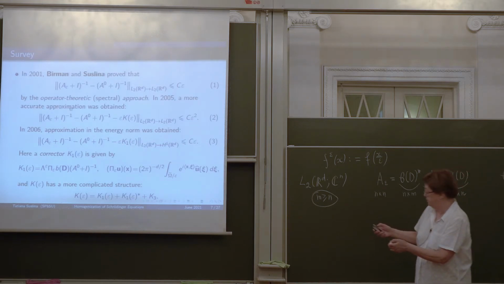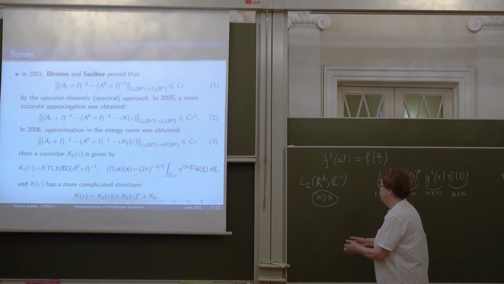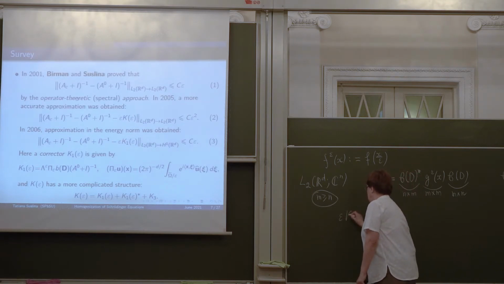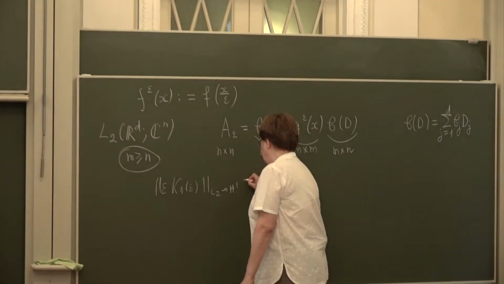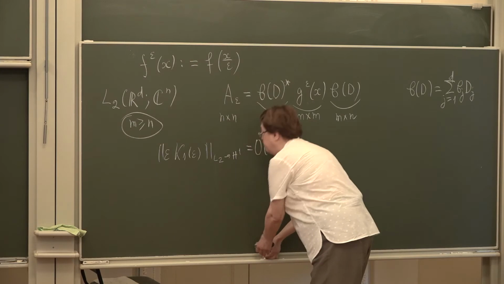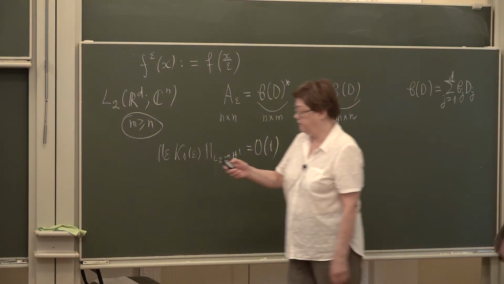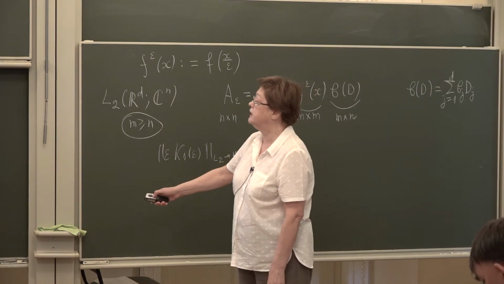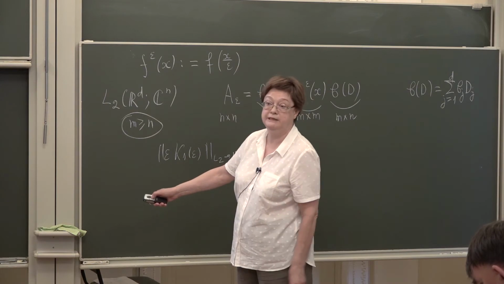Note that this term, epsilon multiplied by K1, is of order 1. It is not small in this norm from L2 to H1. It is of order 1 because when we calculate the H1 norm, we have to take the derivative of the rapidly oscillating function lambda epsilon.